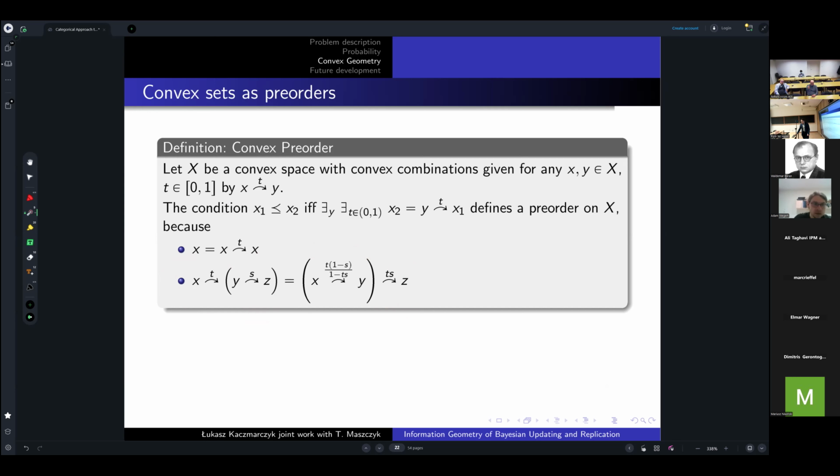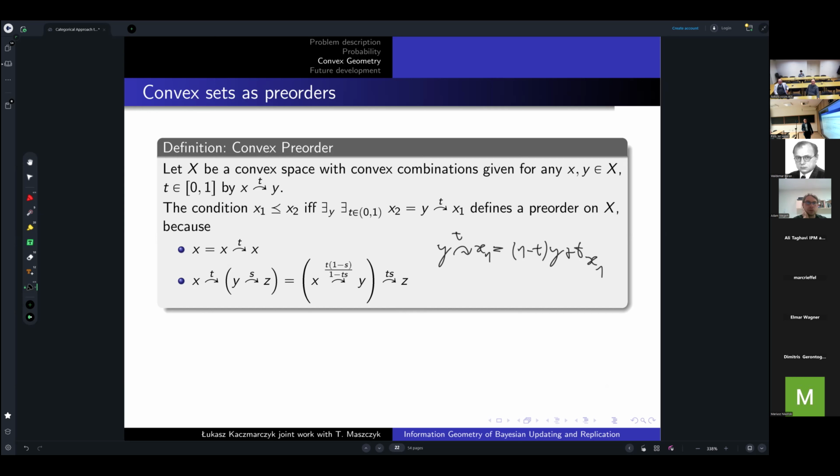So you could write an explicit formula for this arrow with a sign T. Sorry, I'm a little bit confused about this notation. So is this T an open interval or closed interval? It is x1 equal to (1 minus T) y plus T x1. It's the usual convex combination, nothing special.